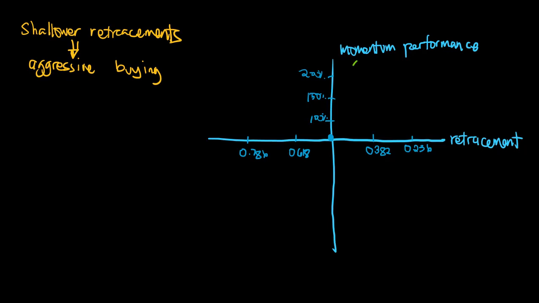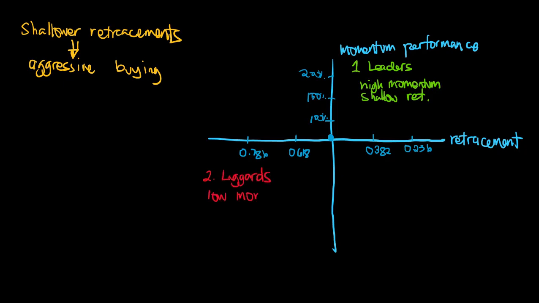The first quadrant will have the leaders, those issues with high momentum but with shallow retracement. There are also laggards, the ones with low momentum and a relatively deeper retracement.